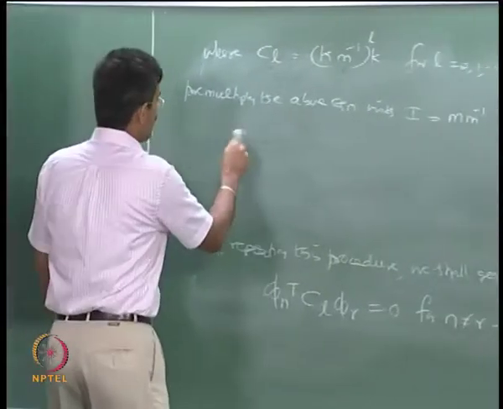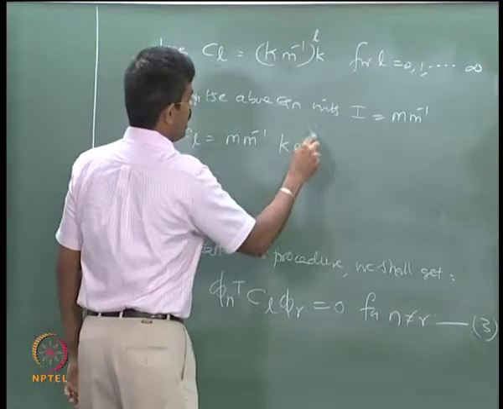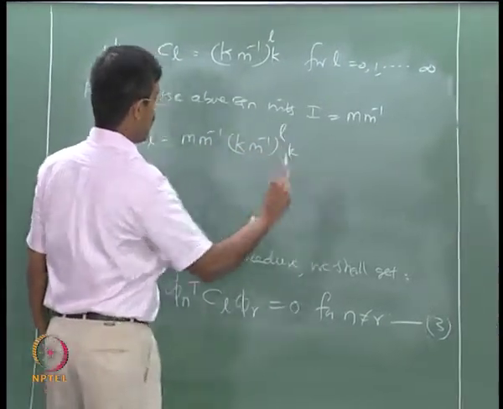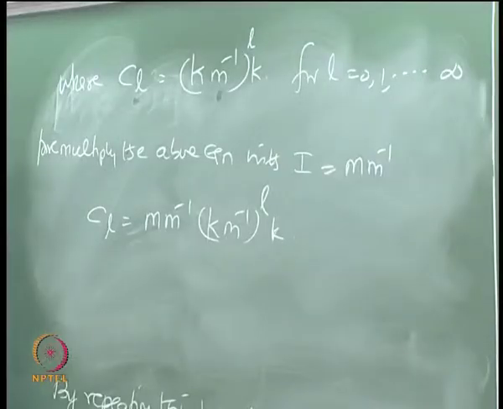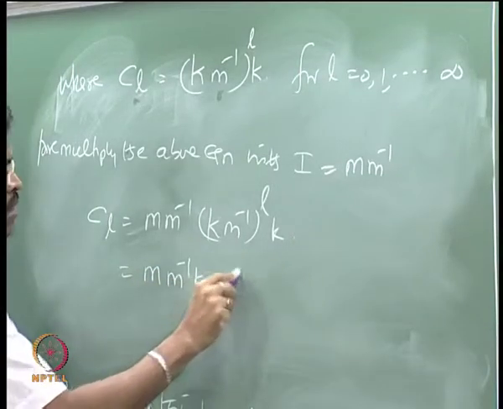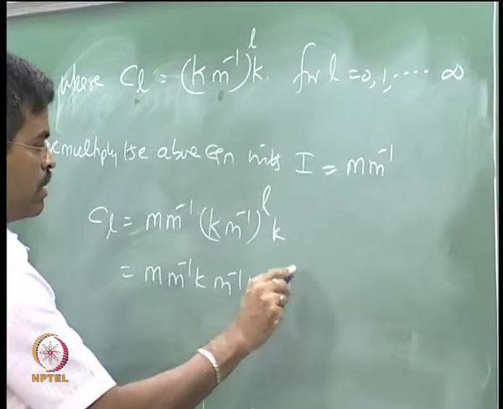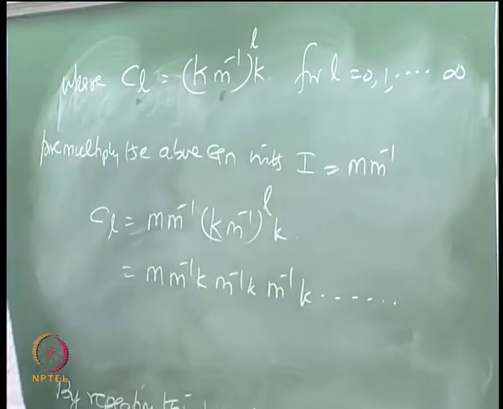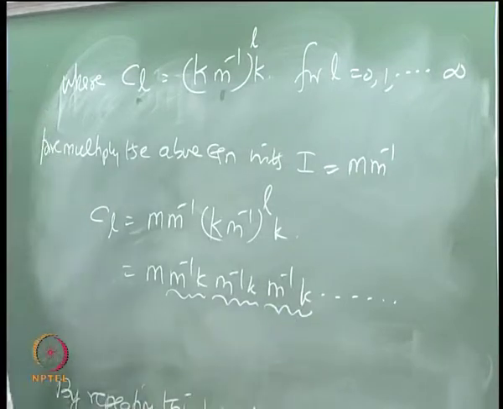So, C L now becomes m inverse K, m inverse to the power L of K. I keep on expanding this for different values of L. I can expand it like this: m inverse K, m inverse K, m inverse K, and so on, is it not? So, I get a group now which will be m inverse K, m inverse K, m inverse K, like this.